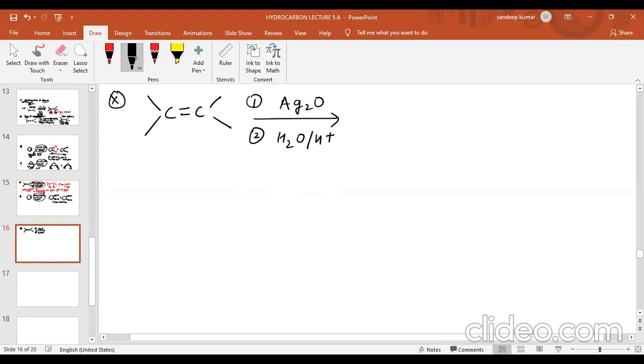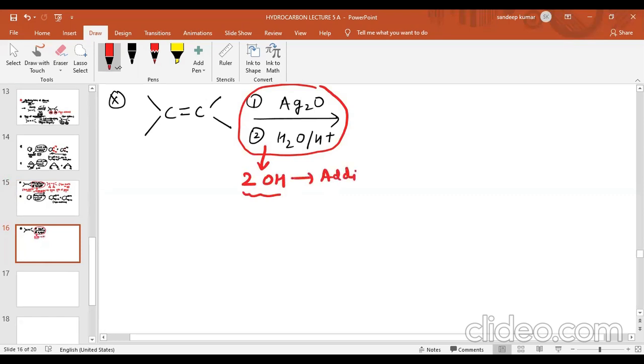So basically this reagent also Ag2O, and in second step there is hydrolysis. This reagent will also provide two OH groups for addition. So addition of two OH groups on carbon carbon double bond.